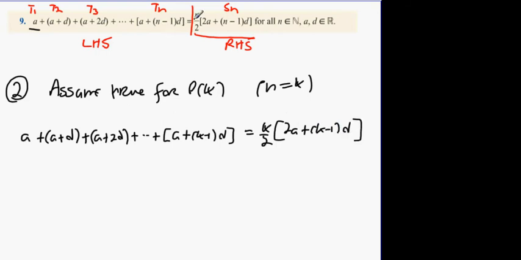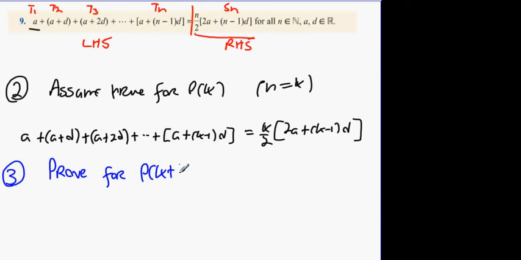Now, part 3 of this question is proof for p of k plus 1. So we're going to prove for p of k plus 1.